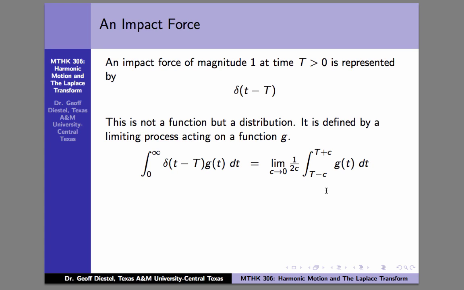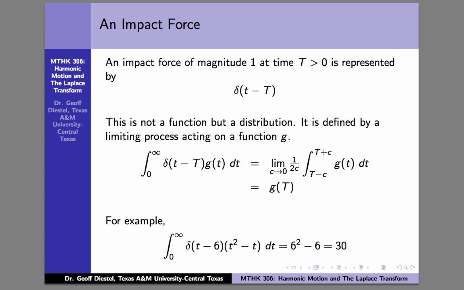So each of these values for any given small number c is just an average over an interval that's centered at the time capital T. So if we shrink that interval down, those averages converge to the actual value of g at capital T. So this is the nice observation about how this limiting process works by shrinking our interval of impact time down to an instant. It makes computing convolutions much easier. We can basically just plug in values and we know what we're going to get.